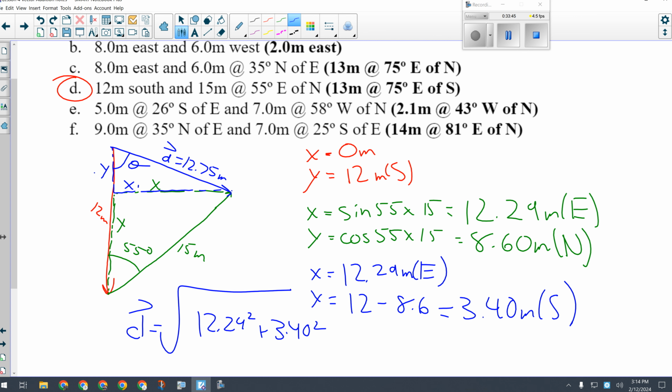We also need the angle, so we're going to use X and Y here in a tan calculation. So tan to the minus 1 of the opposite side, the way I drew this triangle, that's X, the 12.29 side, divided by 3.4 with all the decimals in it when I do the calculator.